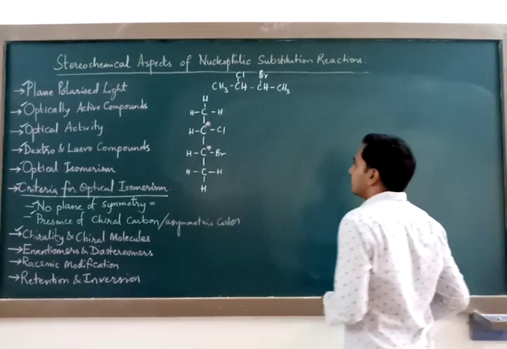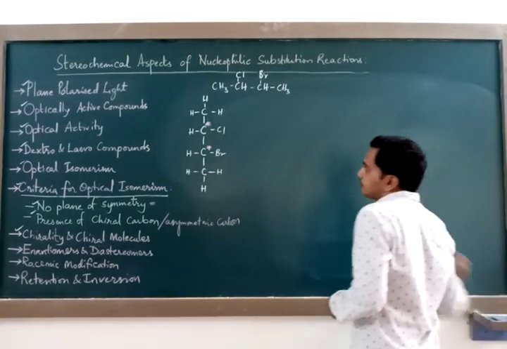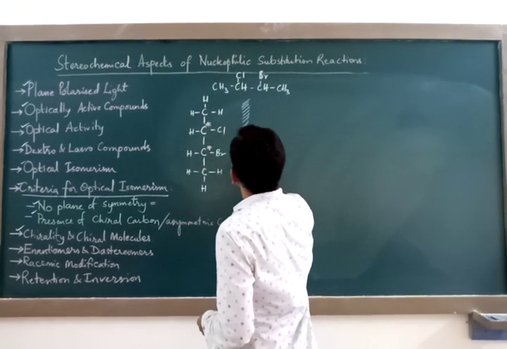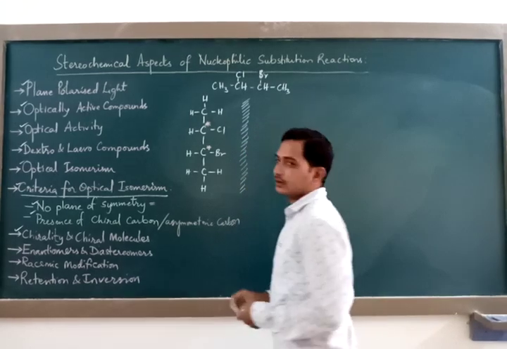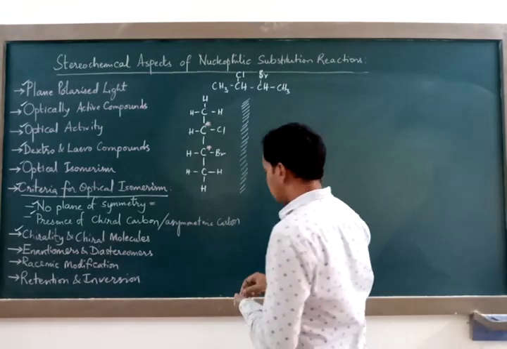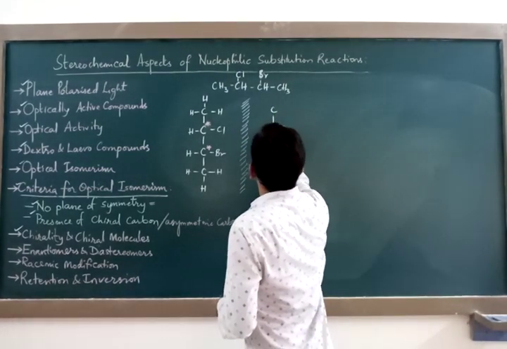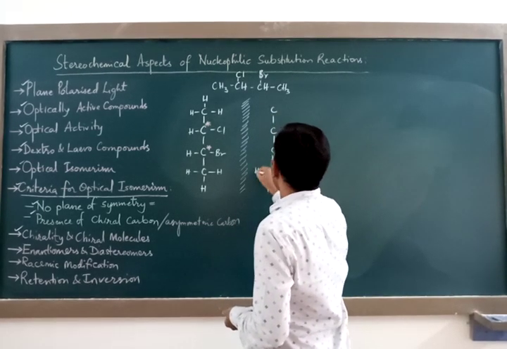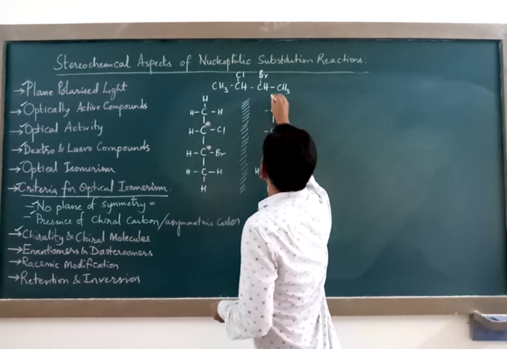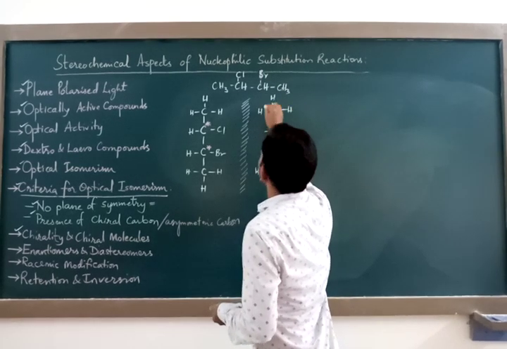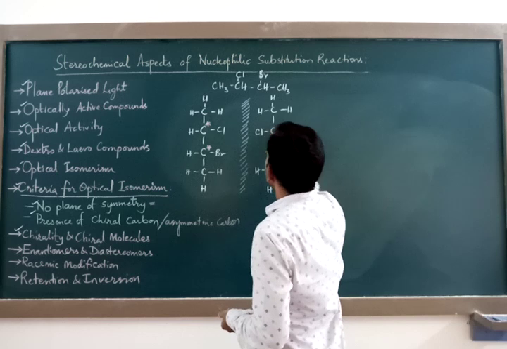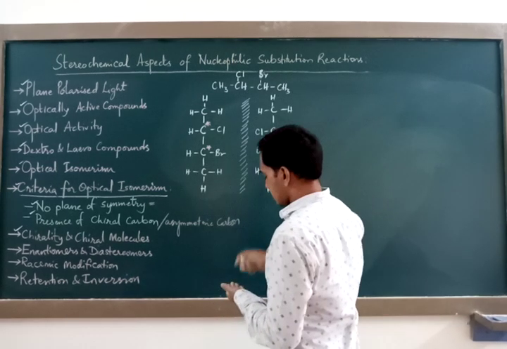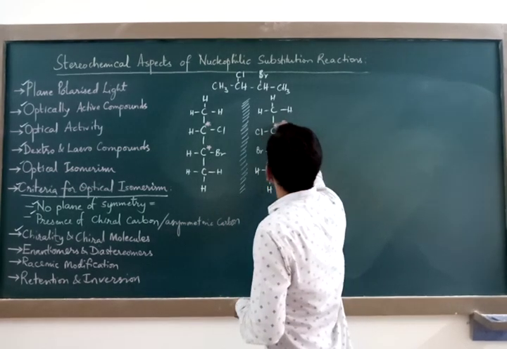You first draw an imaginary line, assume it as a mirror. Let us say this is the mirror. Okay. Its mirror image will look like this, see, 4 carbons as it is, 4 hydrogens, many hydrogens, here Cl, here H, this side Br and this side H. Again the middle 2 carbons are asymmetric.